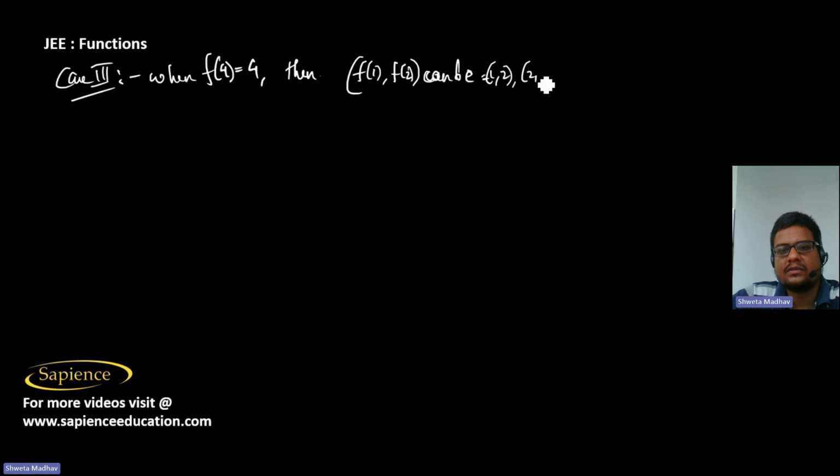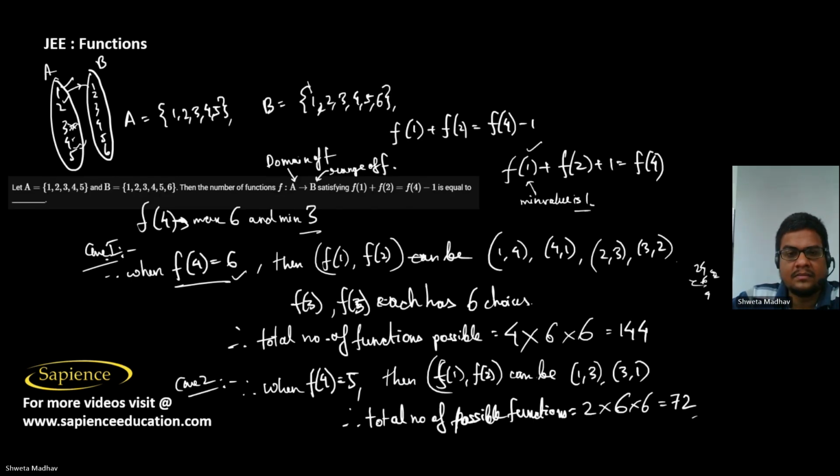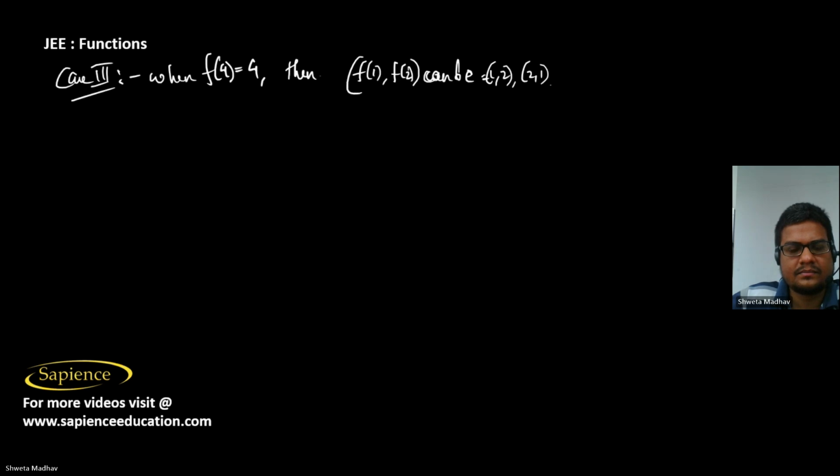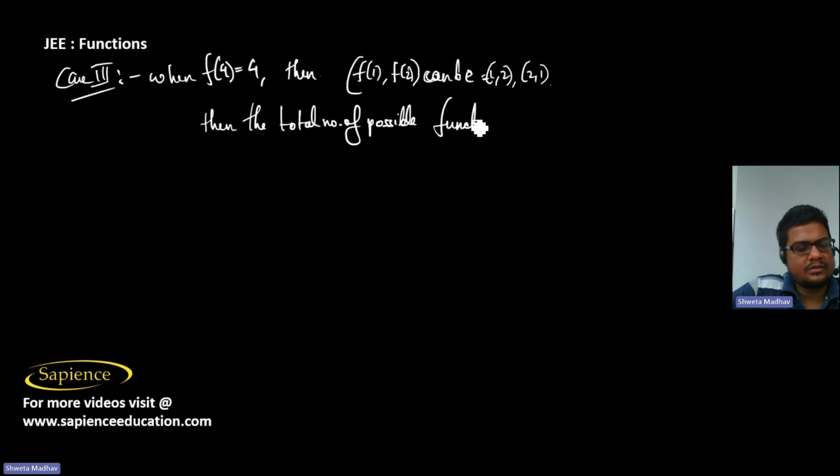So here also the total number of possible functions will be equal to 2 into 6 into 6. So that will be 72.